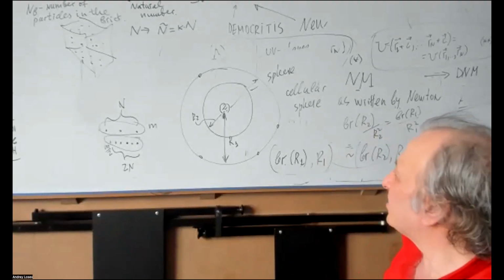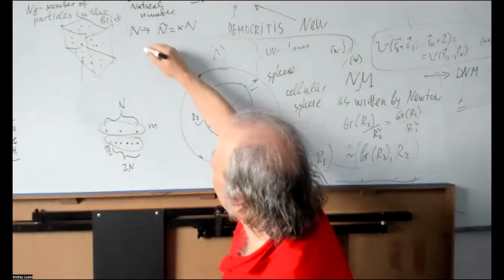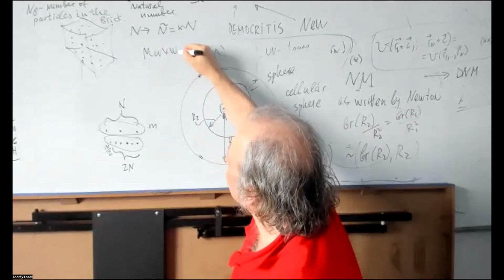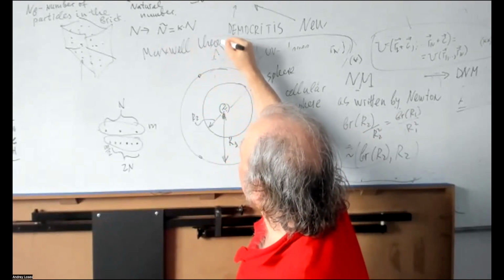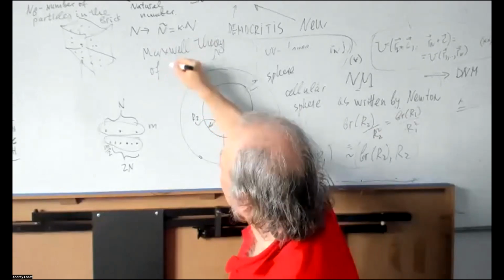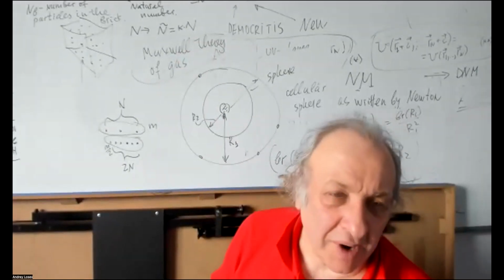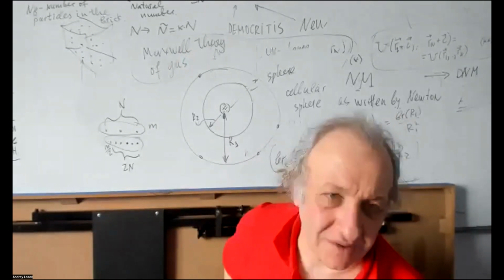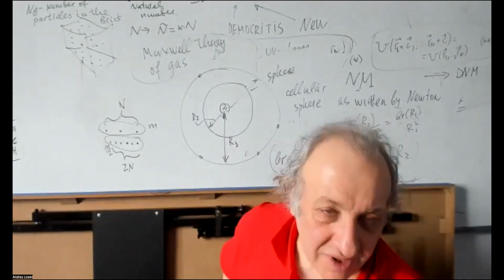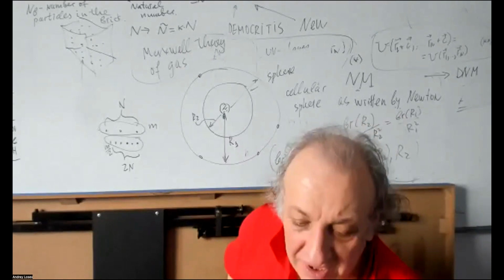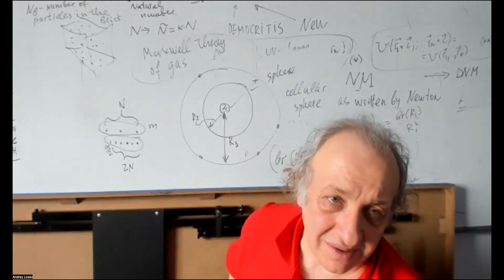I agree with that. Another renormalization was Maxwell's theory of gas. Once again, there were a lot of particles moving and hitting the walls, and you can get relations without knowing the mass of the particle.